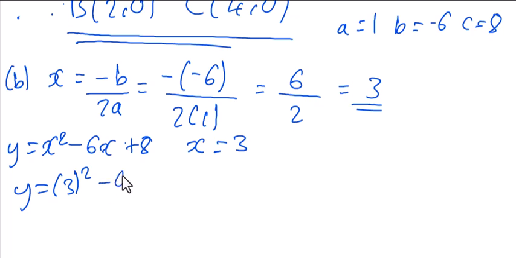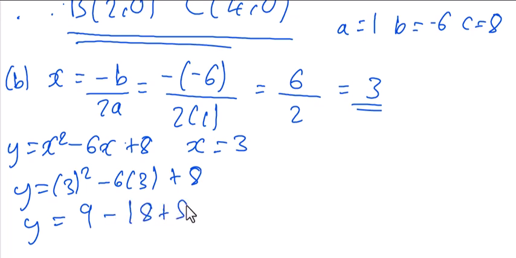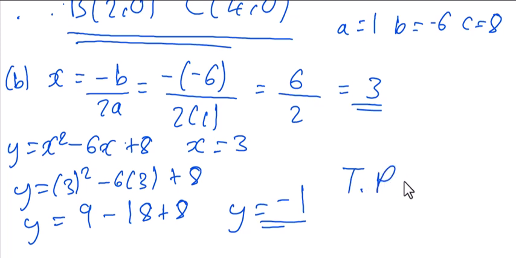So y equals 9 minus 18 plus 8. Therefore y is equal to negative 1. So the turning point is (3, -1).